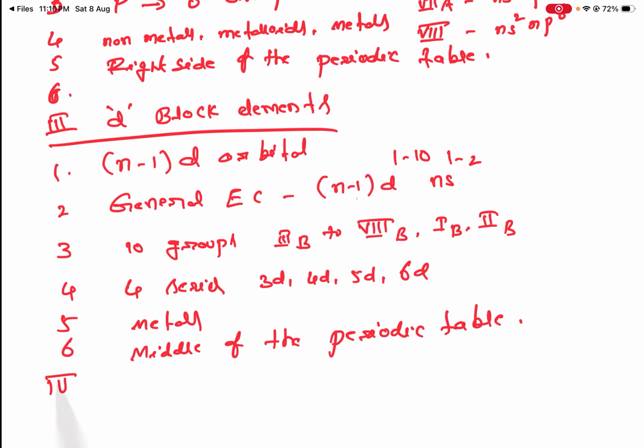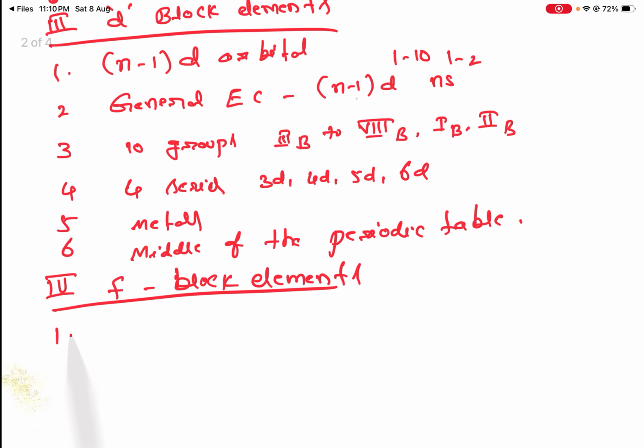Next, the fourth one, f block elements. The first point: the elements in which the differentiating electron enters into the (n-2)f subshell or orbital are called f block elements.